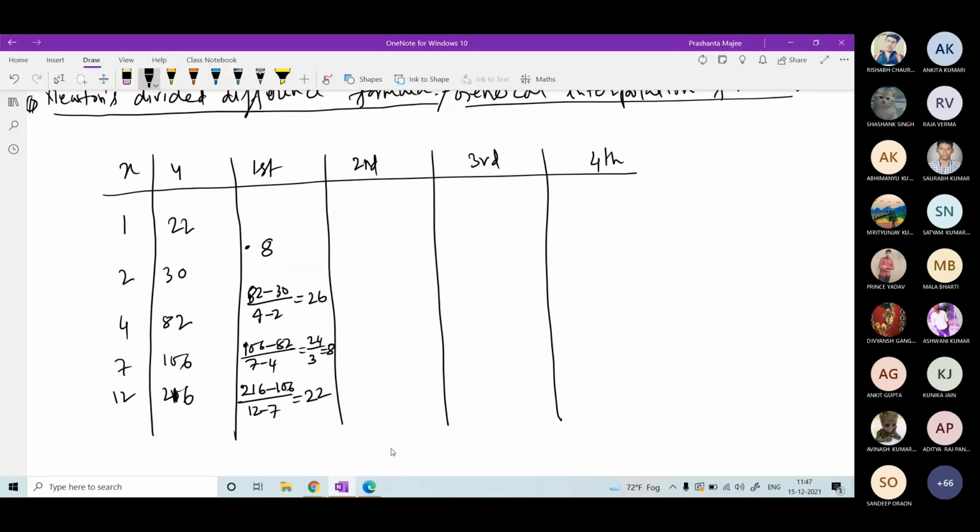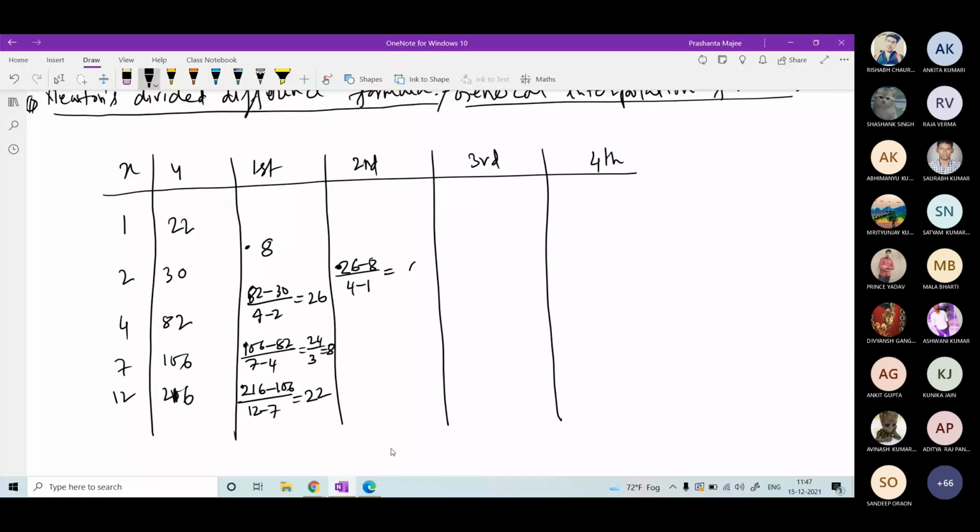Now tell me what are the elements in the next column, the second order divided difference. What is the entry here at this position? 26 minus 8 upon 4 minus 1. How much is it coming? 6. What will be the entry here?